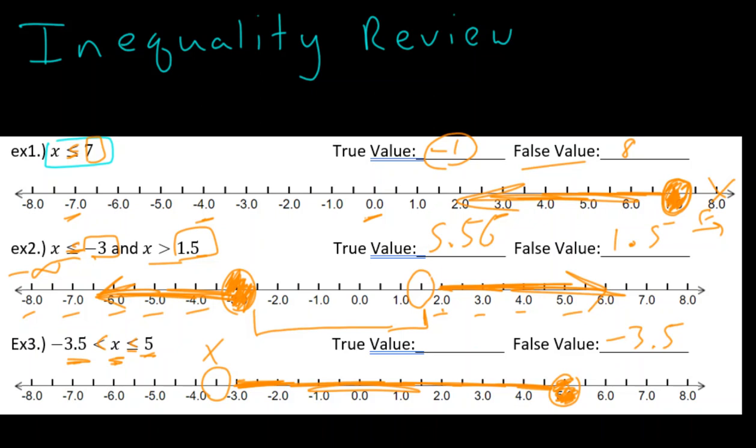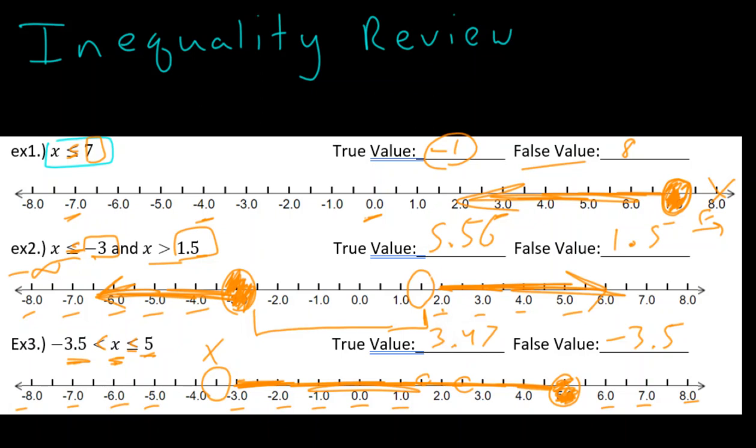That is not a solution. Or you could have literally chosen any other value outside of our shaded region. Over here for a true value, we could choose negative 3, negative 2, negative 1, 0, 1. We could choose 1.5, 2.5, any one of those. Why don't we do 3.47 just to kind of switch it up.